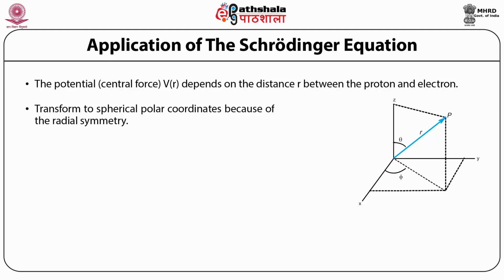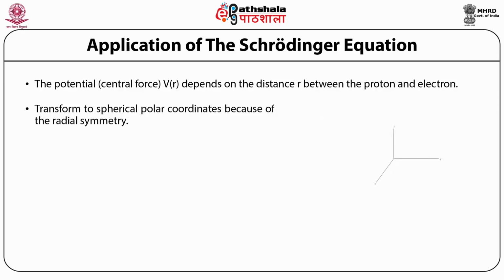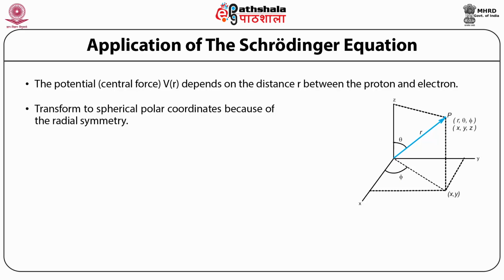The transformation is as follows: x is equal to r sine theta cos phi, where r, theta and phi have been represented in this figure. That is, the x, y, z coordinate system has been transformed to r, theta and phi. So x is equal to r sine theta cos phi, y is equal to r sine theta sine phi, and z is equal to r cos theta.